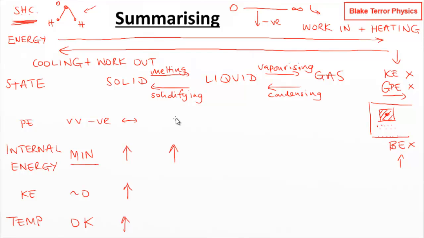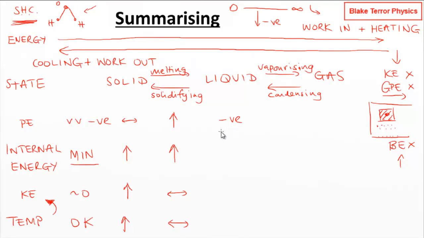So the atoms and molecules are becoming less tightly bound, so their potential energy is going up because they're becoming less negative. Now it's just negative when you get into the liquid compared to the very, very negative that we had in the solid. So the potential energy is going up, but that's where the energy is going into breaking these bonds. The kinetic energy isn't changing, and the temperature isn't changing because, as we'll see in more detail in a later video, the temperature is connected to the kinetic energy. Temperature is a measure of the average kinetic energy of the particles in the substance.